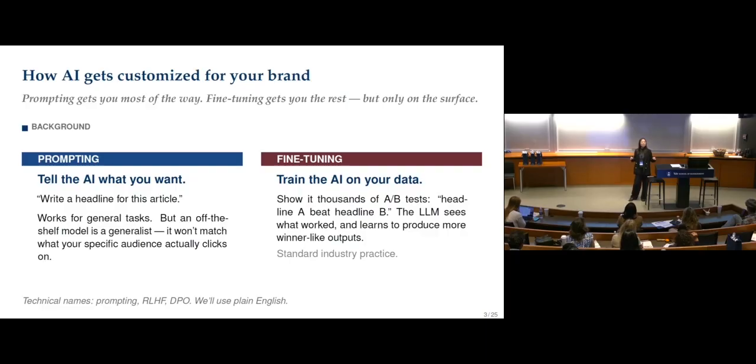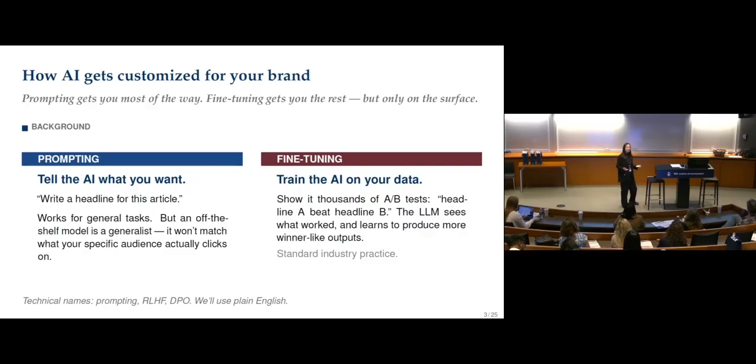Because if you just apply some off-the-shelf AI model, that model is a generalist because it has been pre-trained on internet data. It knows a lot of stuff, but it's not specialized in the particular task. So it doesn't know how to generate headlines or hooks that are tailored to your platform, your audience, and so on. So how do we mitigate this gap?